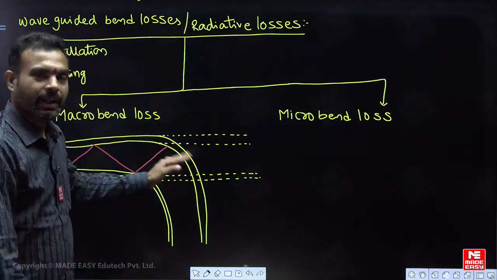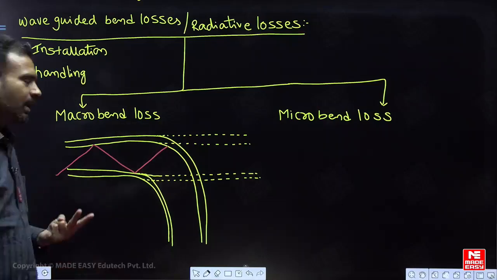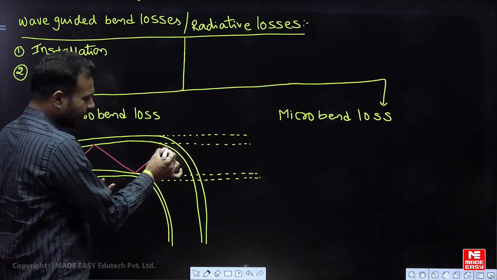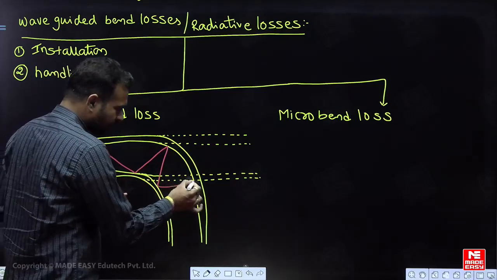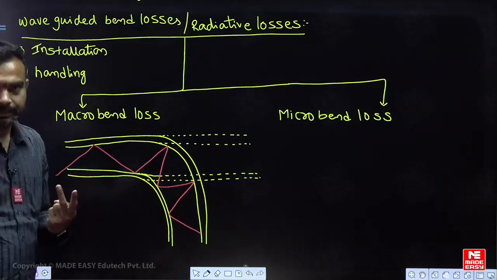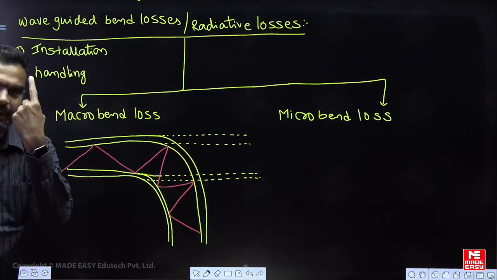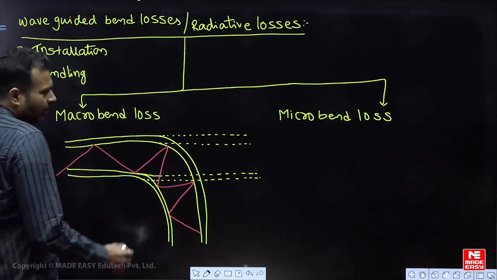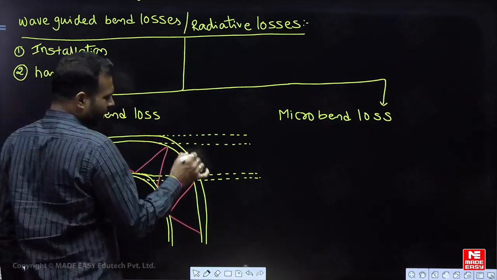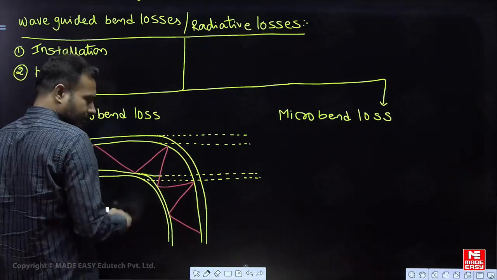So, because of the bending, two things happen. First, the light may take total internal reflection, and because of the total internal reflection, it may hit multiple times and again lose signal strength. Second important point, the light ray may get lost in the cladding.